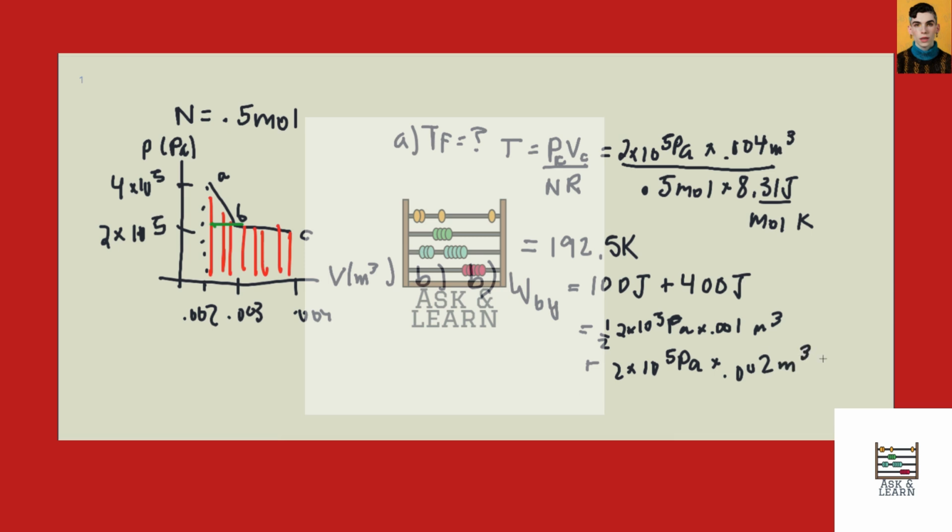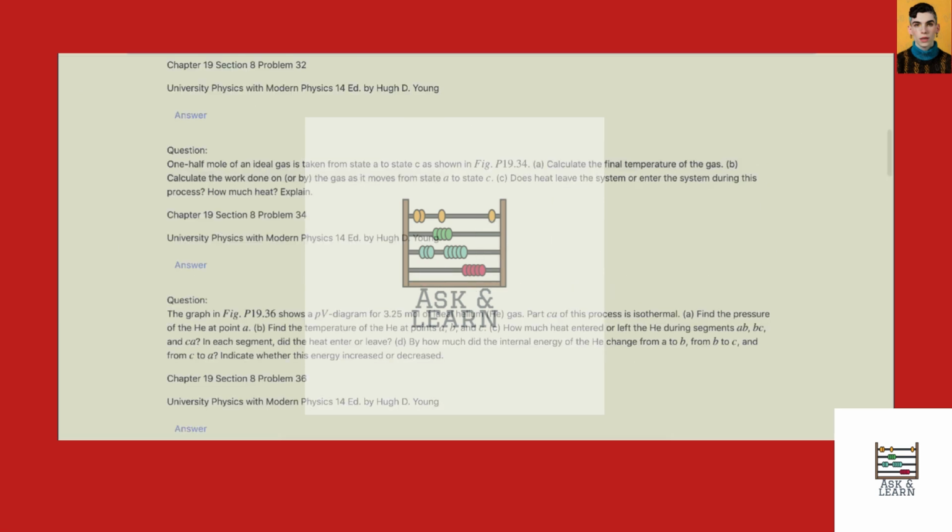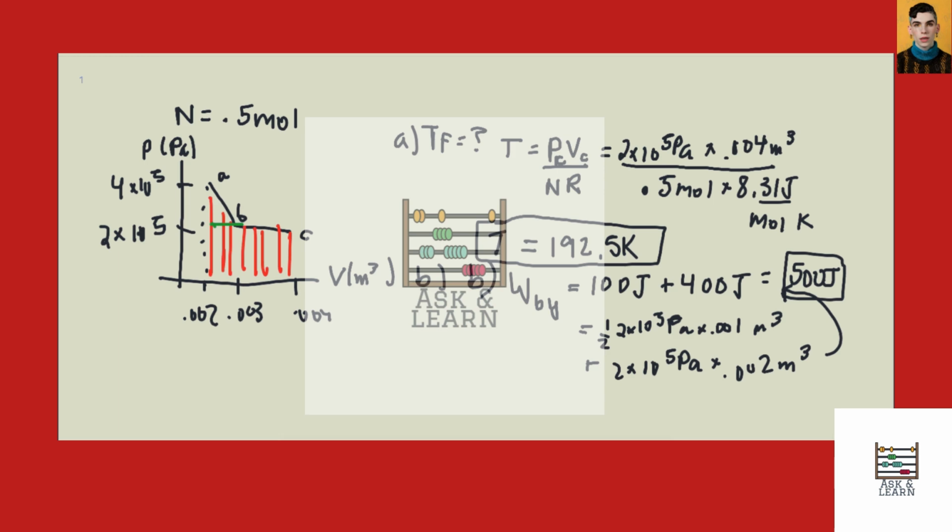If you stick that in a calculator, I think you'll get for this quantity 500 joules. I'm going to box that answer, and while I'm thinking about it, I'll go box the answer from part A. And so let me reread C. Does heat leave or enter the system during this process? How much heat? Explain.